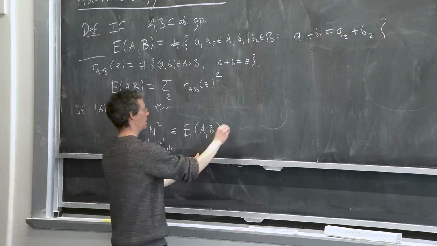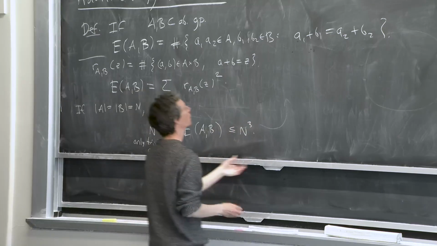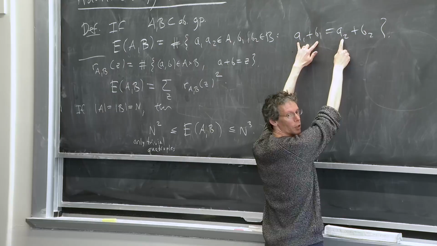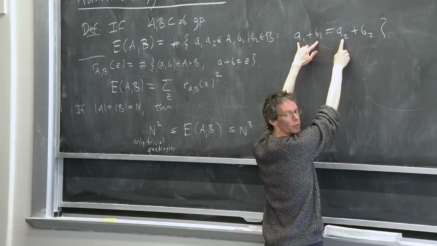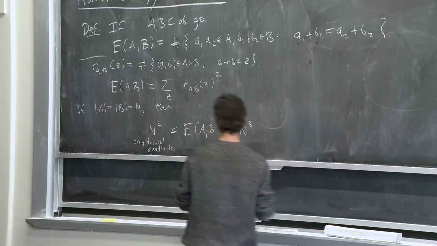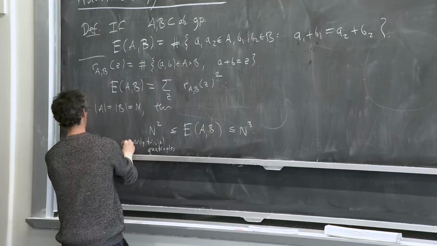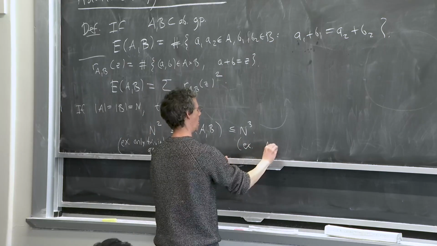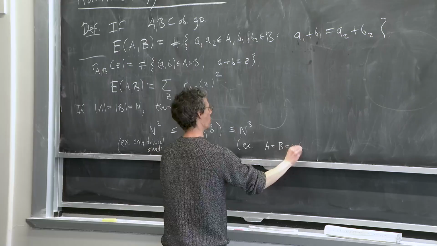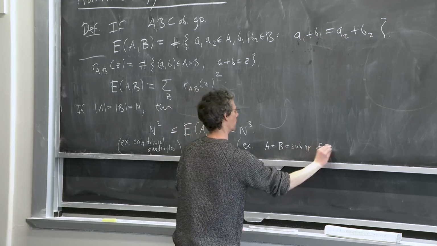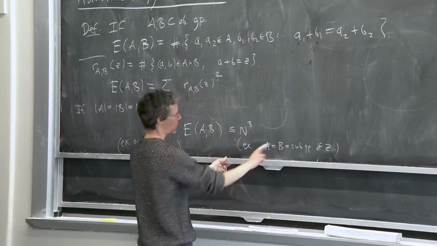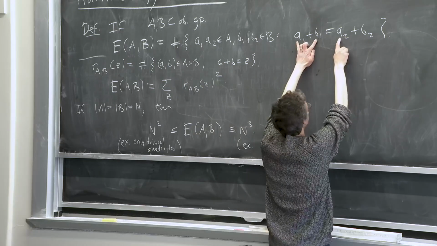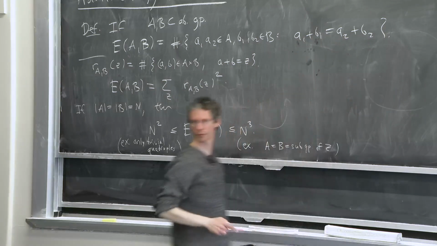And energy is at most n cubed, because once you've picked three of these, the fourth one is determined by this equation. So there's at most n cubed of these additive quadruples. This happens if A equals B equals a subgroup of Z; then there's always a choice of B2 you can pick to solve this equation.